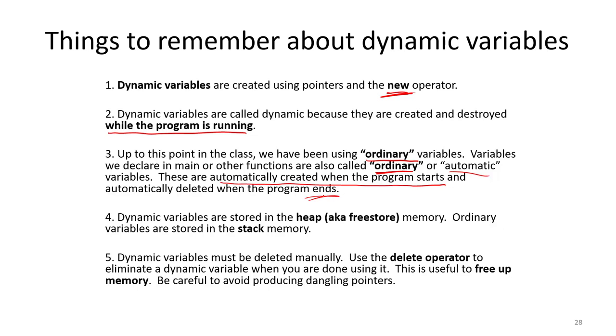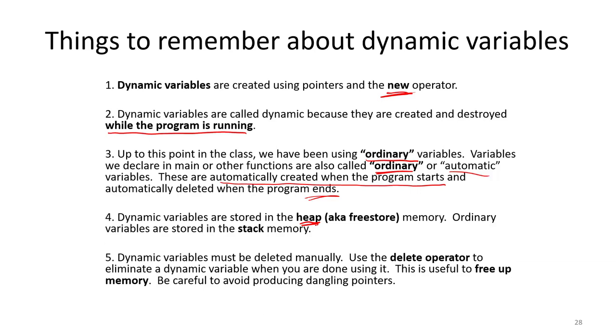So there's nothing wrong with ordinary variables. They're still good. But sometimes we need more flexibility. And that's where dynamic variables come in. Here's another important difference about dynamic variables. Dynamic variables are stored in a different part of memory known as the heap.